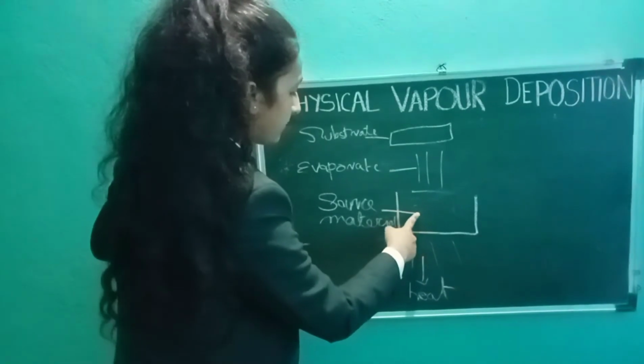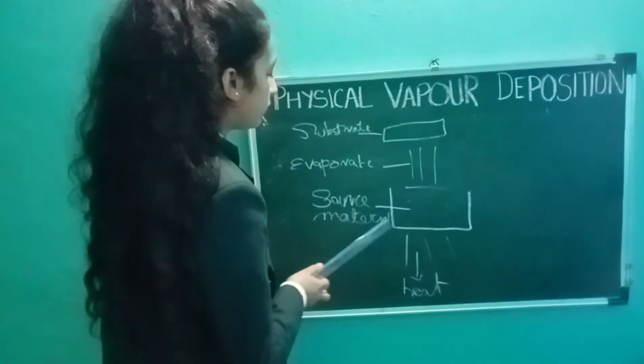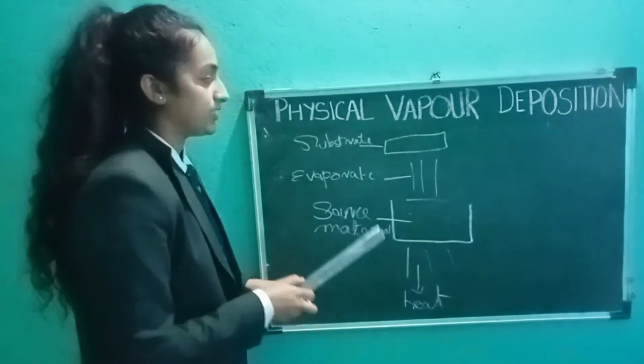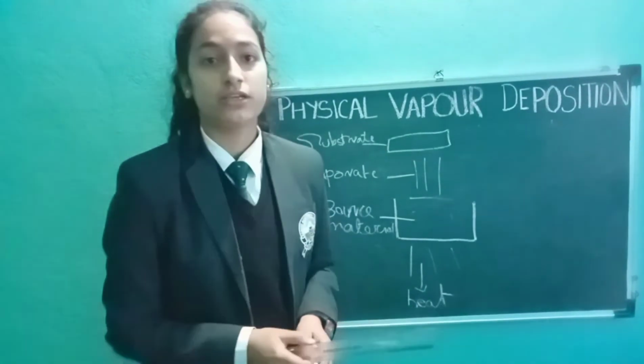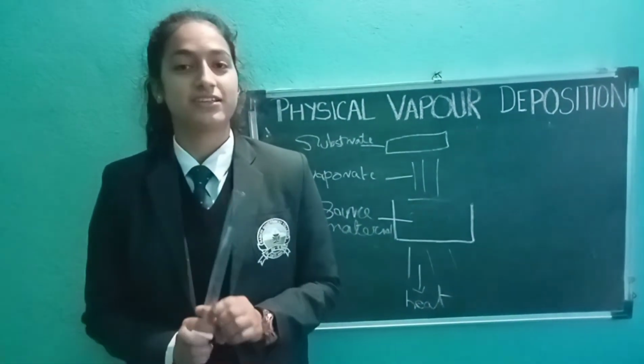Let it be a source material. We need to heat the source material, and after that the source material will evaporate and stick to the substrate to form a coating. So PVD is also called physical transport deposition.